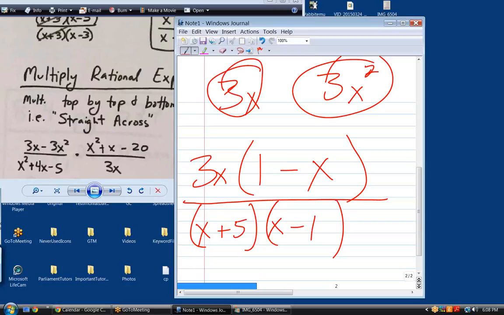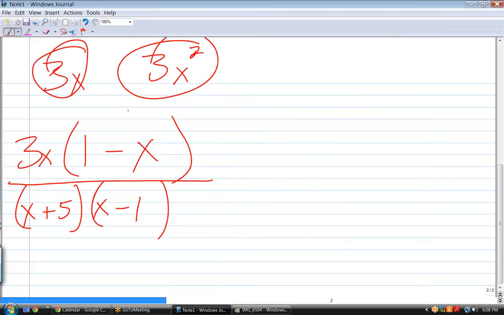Normally in order to cancel something from the numerator and the denominator, they have to be the same thing. But not in this case. The one exception to that is when you have the difference and it's switched around. What is that equal to? Negative 1.